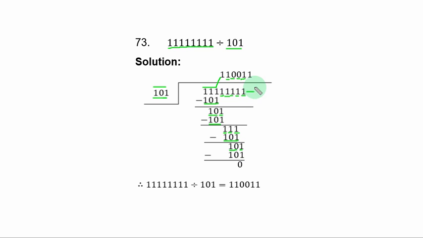Divide by 101 is 1. 1 times 101 is 101. When you subtract, you have 0. Therefore, the division of this number by this number is 110011, of course, in base 2.